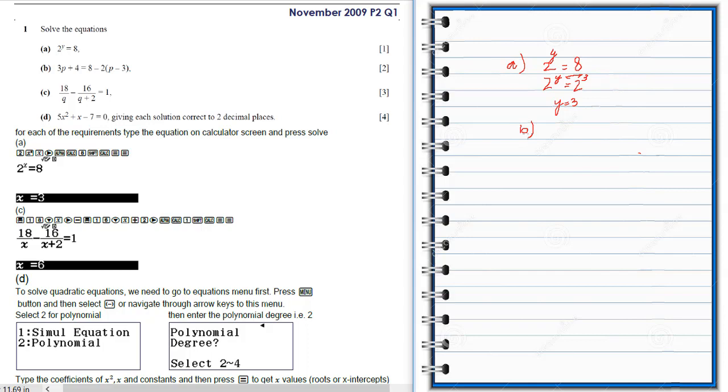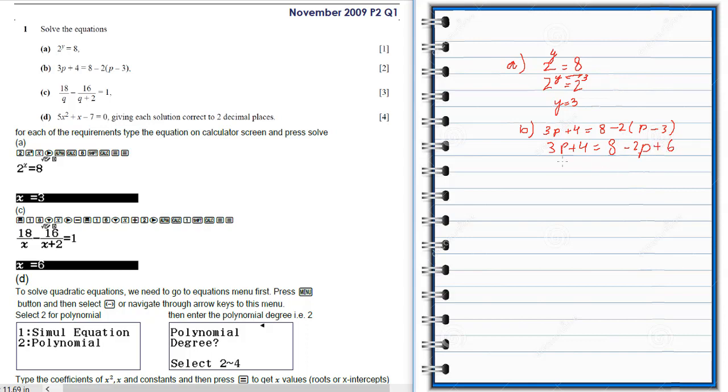And part b, we have been given the equation 3p plus 4 is equal to 8 minus 2 times p minus 3. To solve this, I will expand the bracket: 8 minus 2 times p is minus 2p, and minus minus is plus, and 2 times 3 is 6.